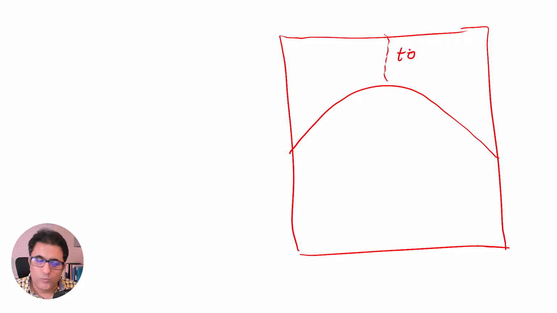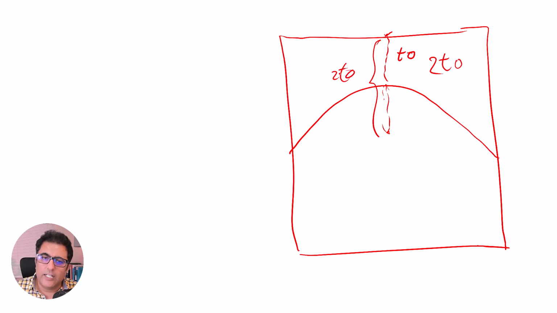Now, what you need to do, just consider the time T0 from this point, somewhere like here, and look for another reflection event.